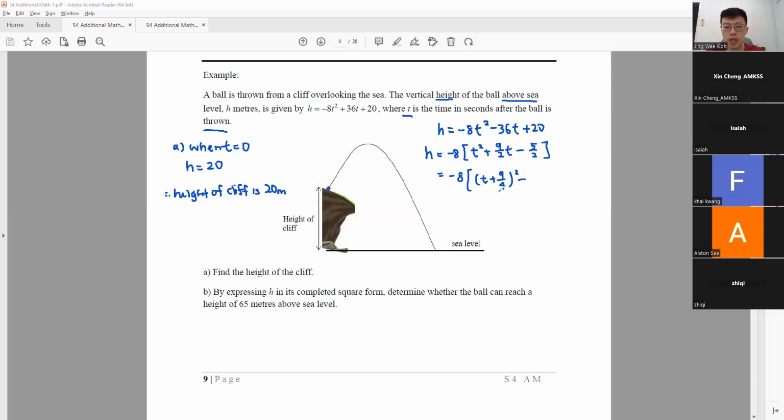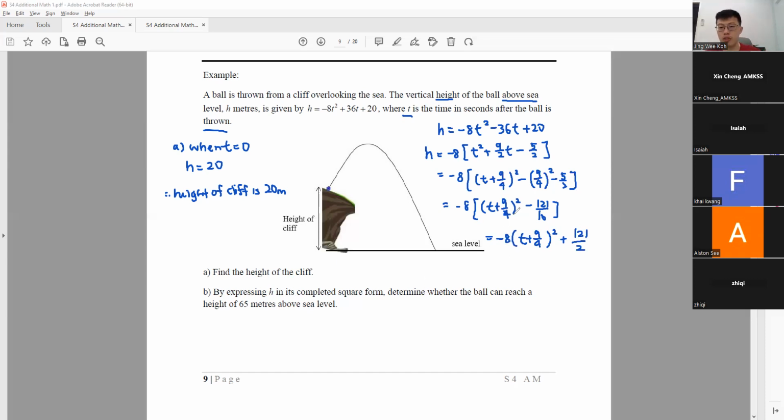And you subtract away the extra square, which is 9 over 4 square. What do I have here? 81 over 16. (81 plus 4). Negative 121 over 16. Then now we multiply the negative 8 inside. Plus 121 over 2.